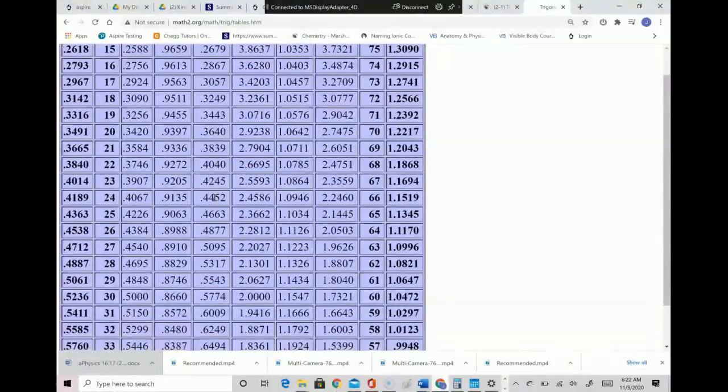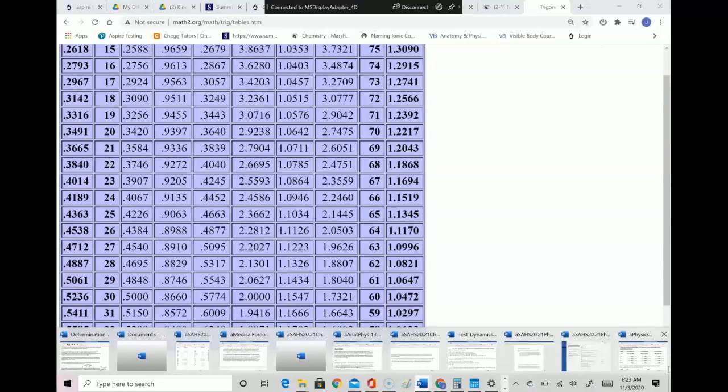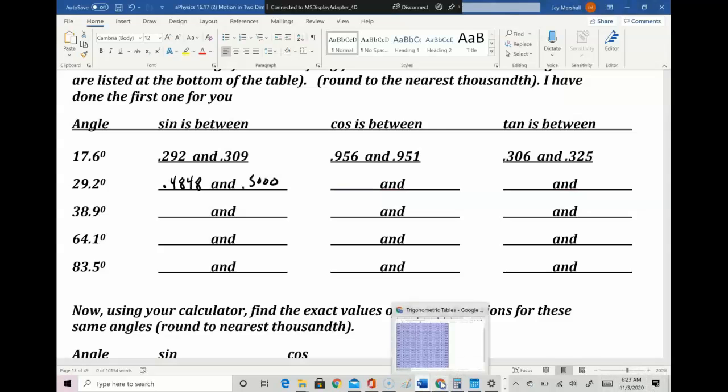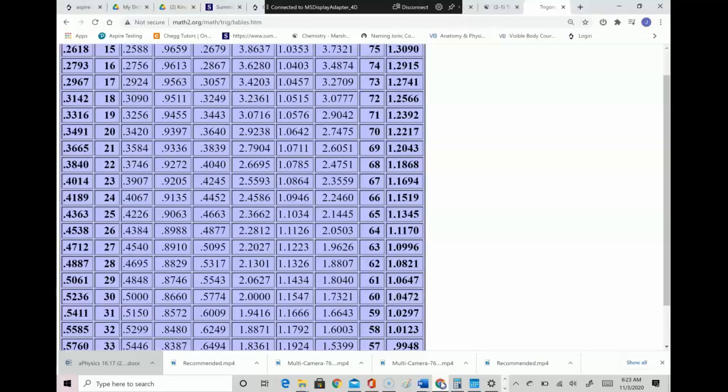I notice that 29.2 is between 29 and 30, so the sine is between 0.4848 and 0.5000. Since I don't want to do the rounding, I'll just do these. And then the cosine is 0.8746.